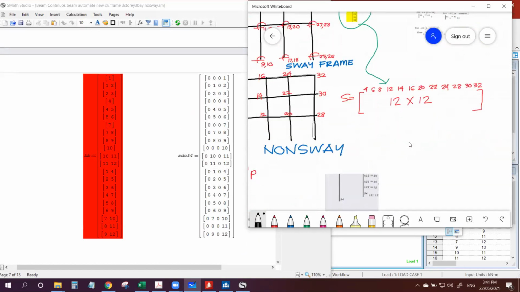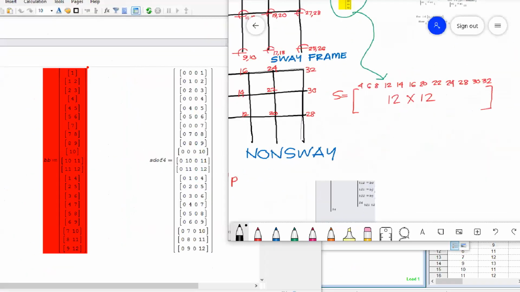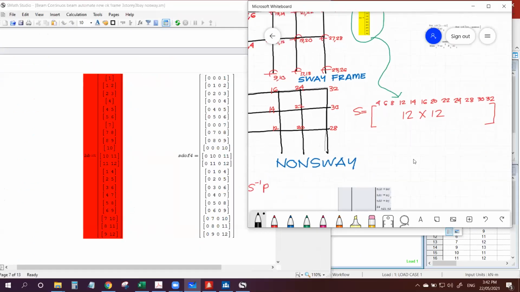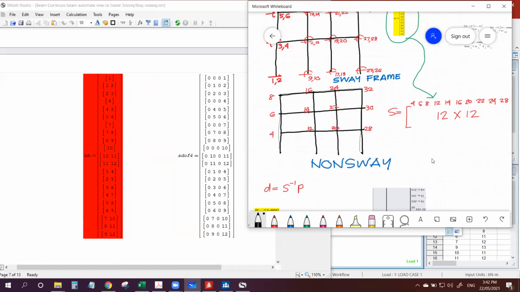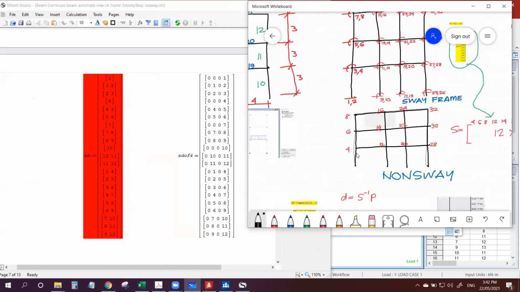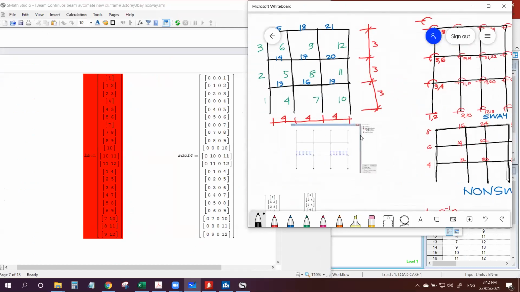Remember, the first code is 1, 2, 3, 4. And this first code is for the column fixed on the ground. We only need the fourth element. And 4 is the first element on our structure stiffness matrix. Then for the second element, you need to see the numbering.